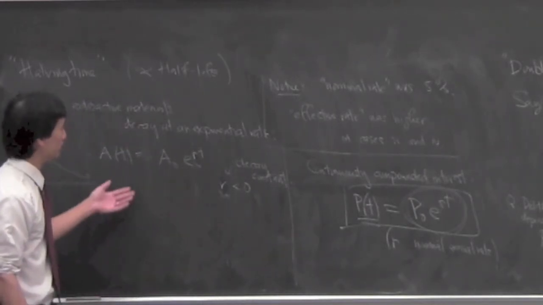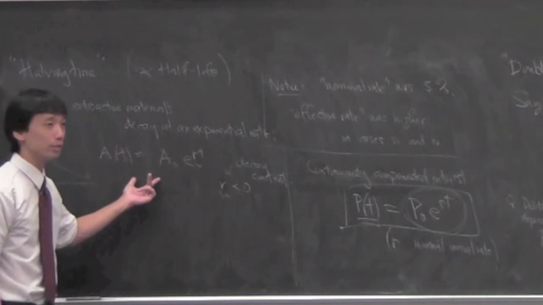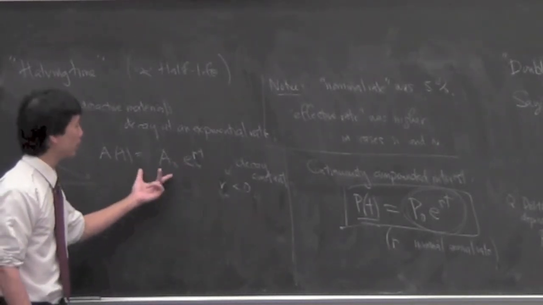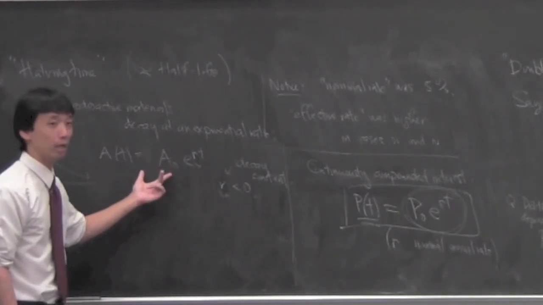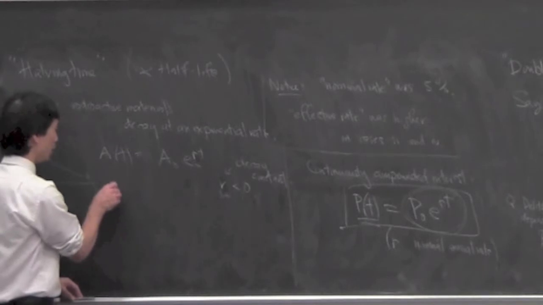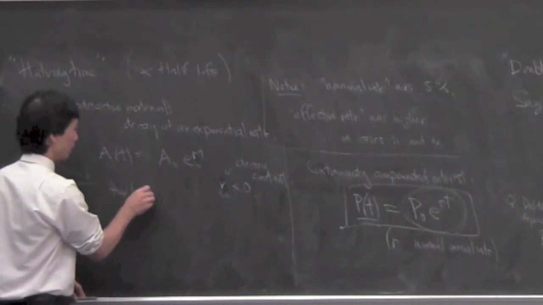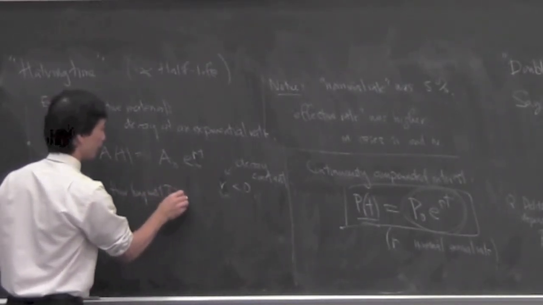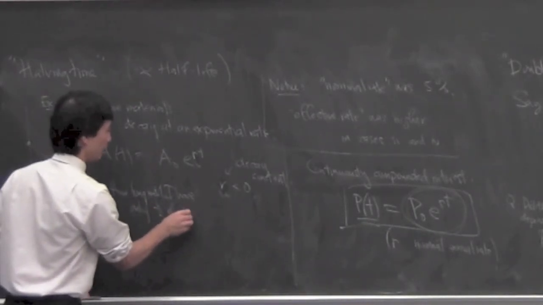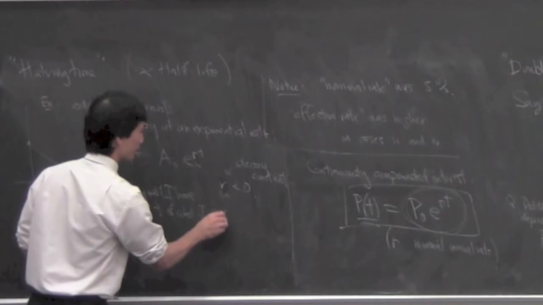Okay. So you can ask the same question, right? If you know the decay constant, after how long are you going to have half the material? How long until I have only half of what I started with?